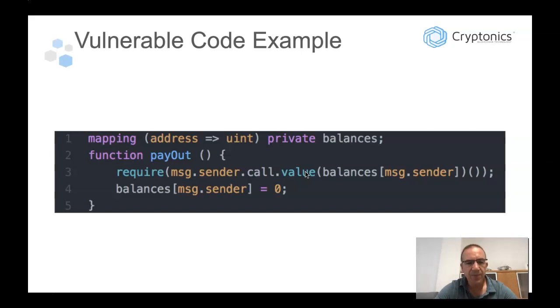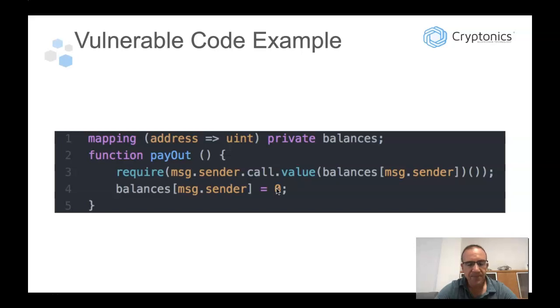And of course, when payout is called again recursively, the actual balance has not been set to 0 yet. So this can be repeated until the whole ether balance of the contract has been drained. And this means you can withdraw other people's funds, which is obviously not the desired effect.